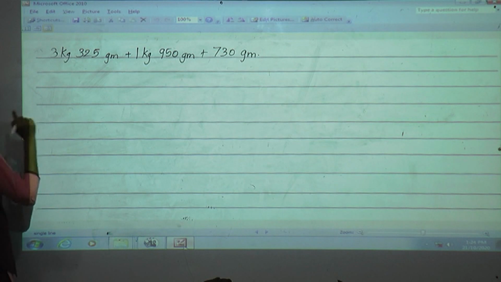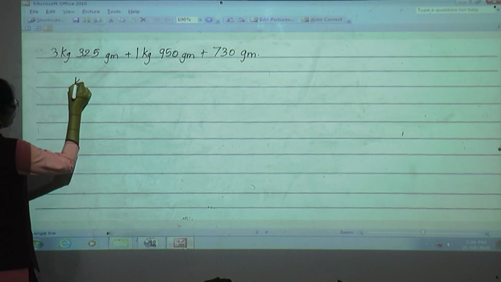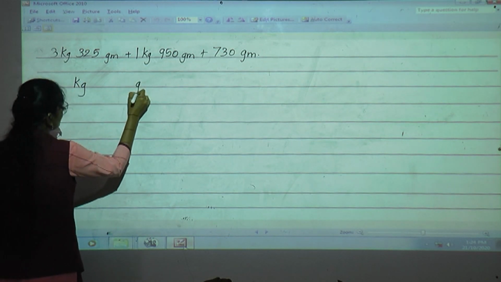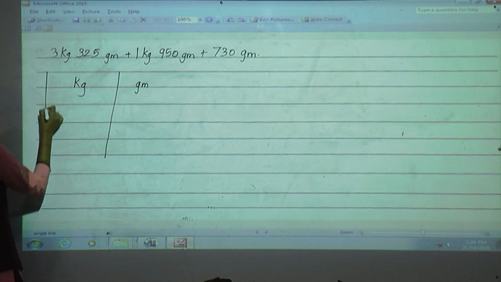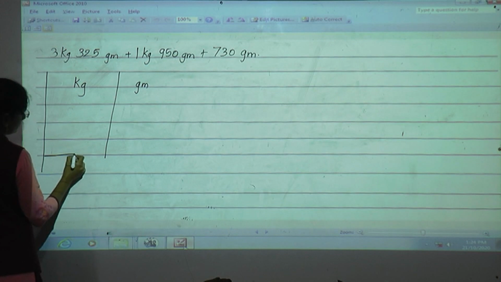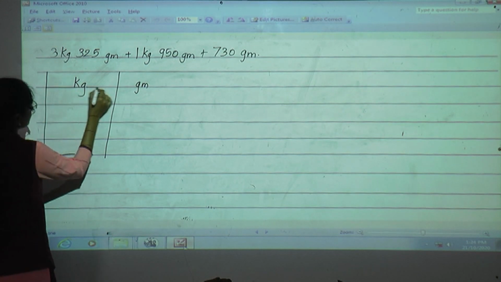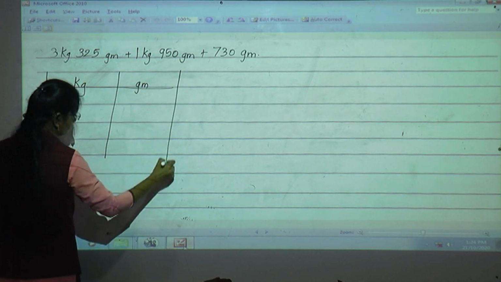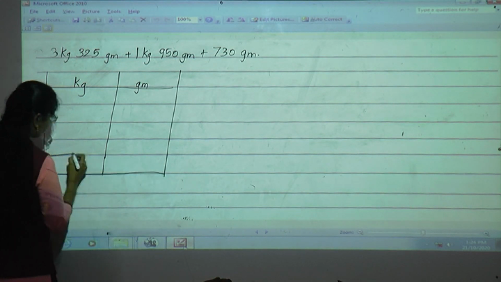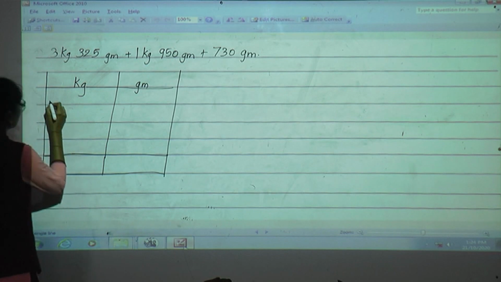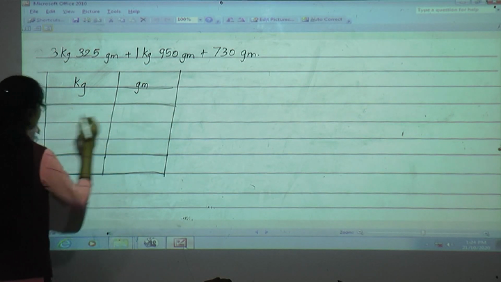Here kilogram and gram, so here we have to make two columns. So make the columns properly. Here three numbers are there, addition of three numbers.